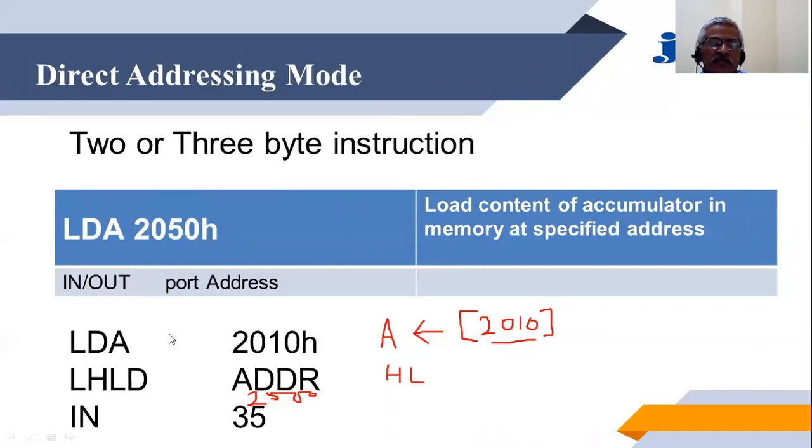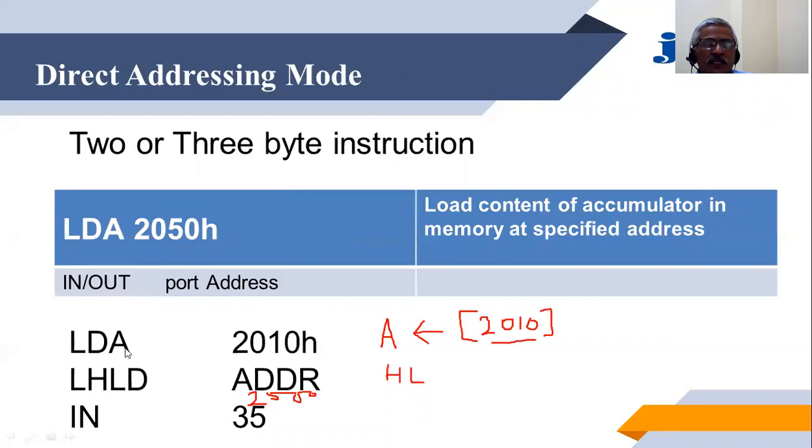Whereas when we refer to the memory locations, they are 16-bit locations in the 8085. So 1 byte for the instruction and 2 bytes for the address, a total of 3 byte instruction. Hence, generally speaking, memory related instructions will be 3 bytes and IO related instructions will be 2 bytes.